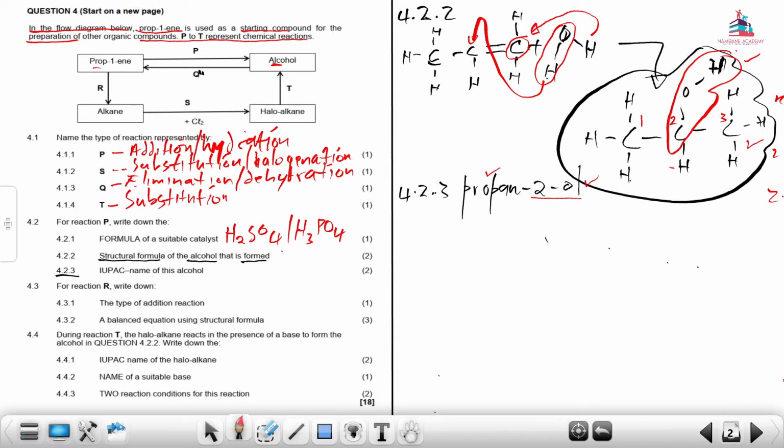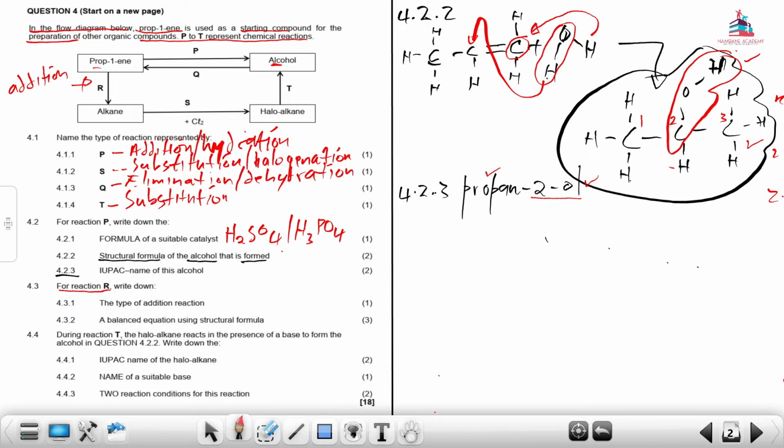Now at 4.3, for reaction R, the type of addition that is occurring at R. So they are telling us at R we have addition, and we agree it's addition.